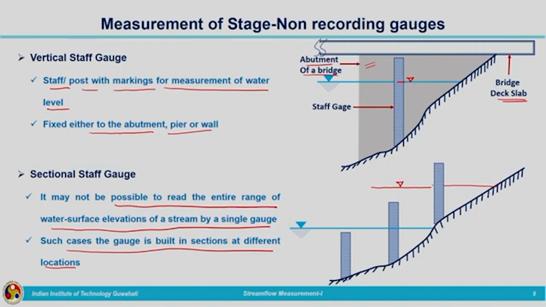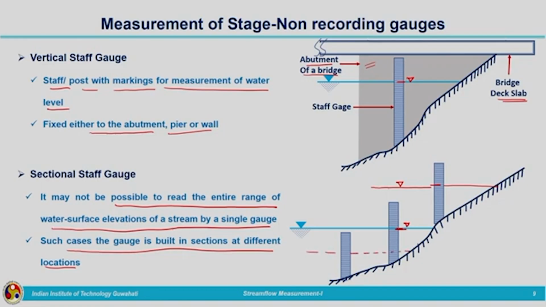At that time this particular staff will give us the readings corresponding to the water level, and in some other season the water level will be up to this level, and we can make use of the gauge which is present in between, and during the lean period the water level will be very low.